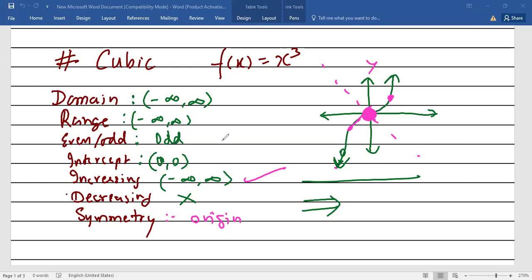Okay, good. This is the cubic function. So note it down. Then we will see the other parent functions.